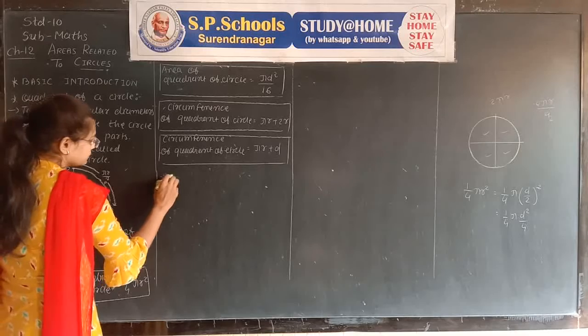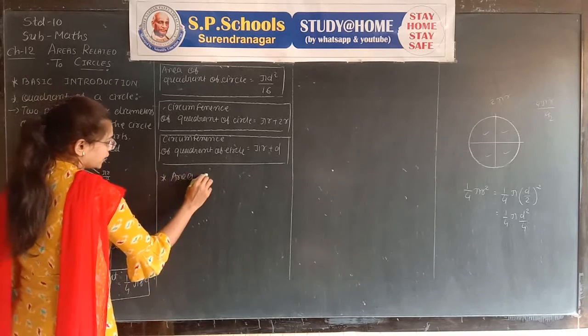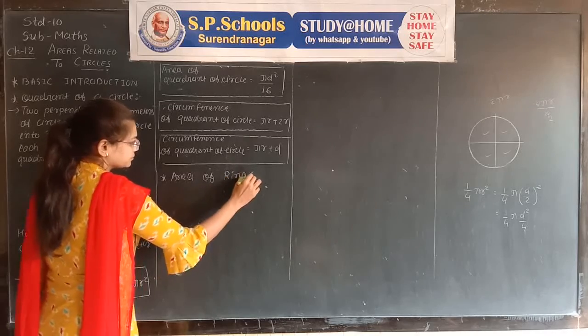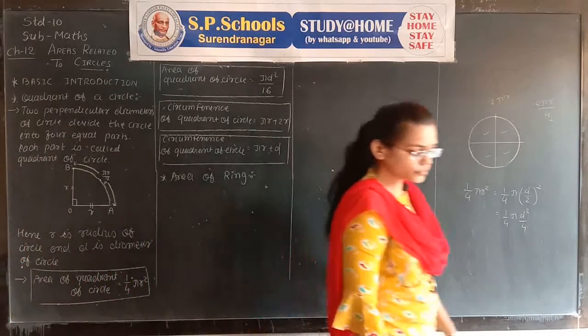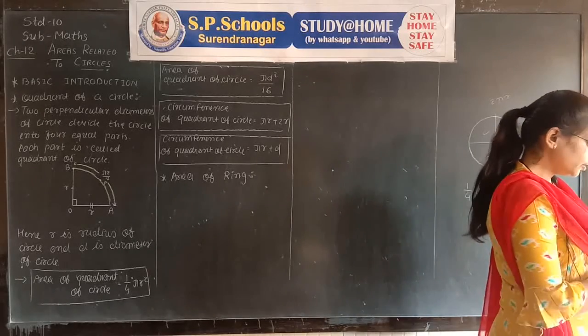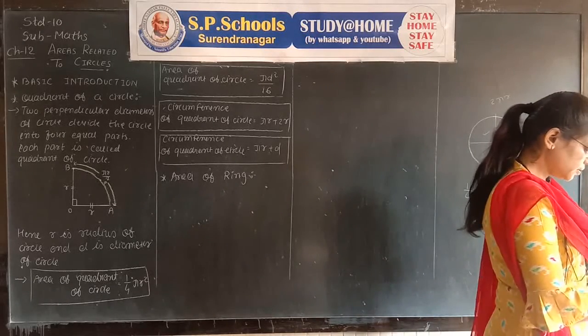Now ring. Area of ring. For the area of a ring, we need two concentric circles.